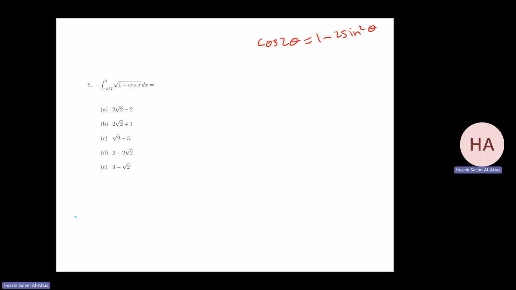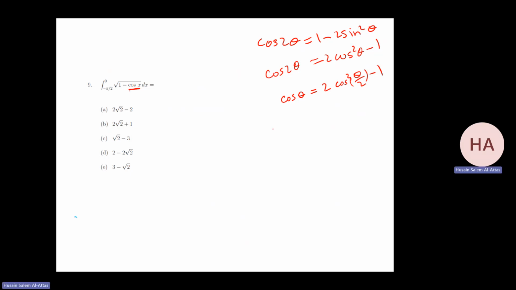I need the other one, which is also 2 cosine square minus 1. That is cosine 2 theta. So cosine theta will be 2 cosine square theta over 2 minus 1. This is the angle. So I will change cosine x in this case into this one, and the 1 will be cancelled.